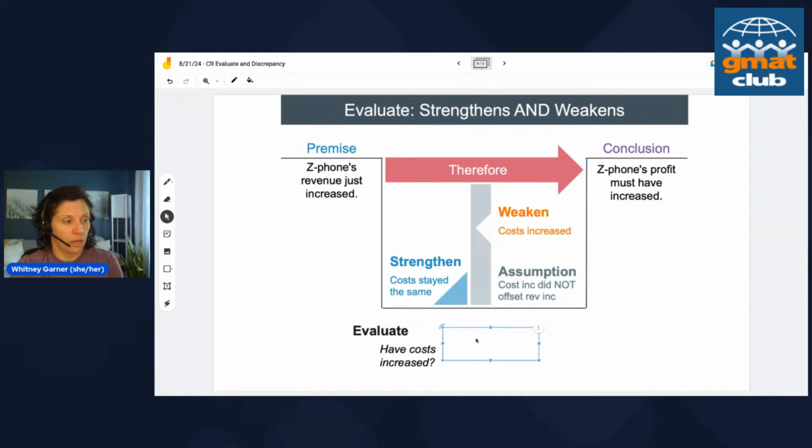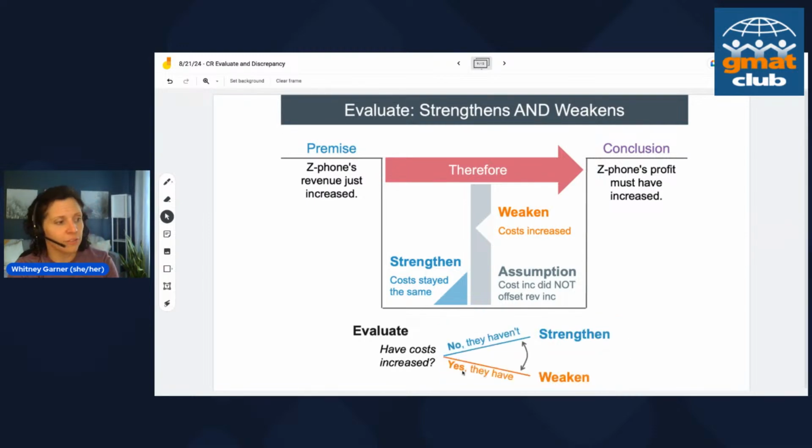If they haven't gone up, we're looking at a strengthen. If they have gone up, then that would weaken my argument. So evaluate answers are often asking, if you knew this piece of information, or if you knew the answer to this question, it would drastically change how you feel about the conclusion.